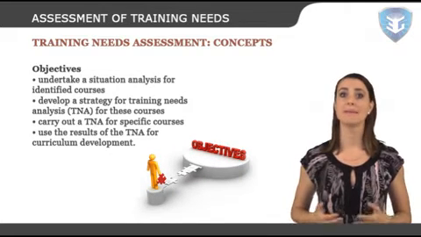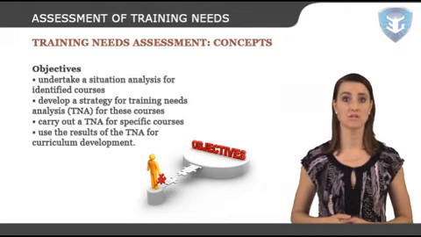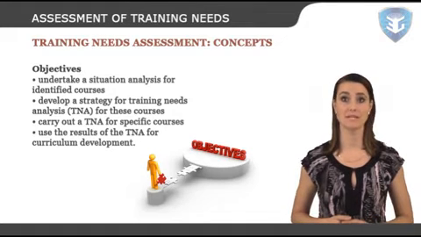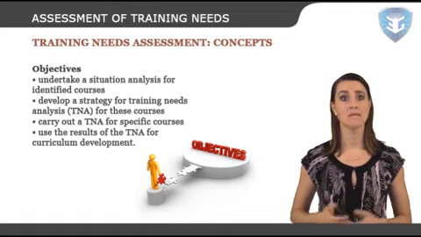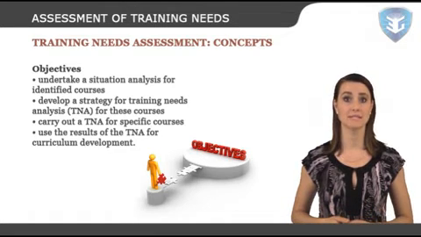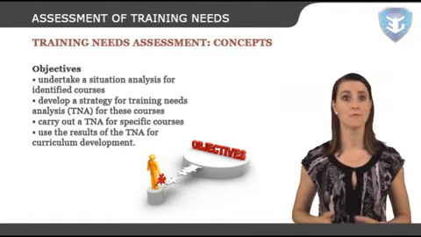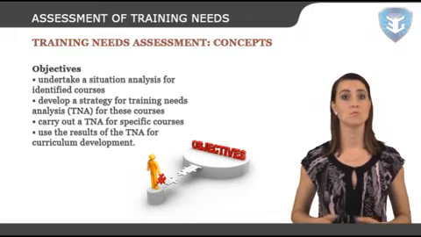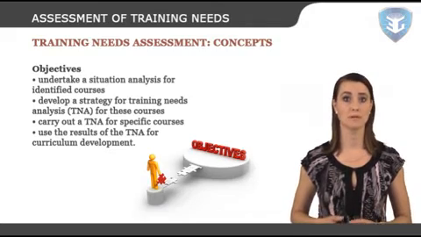Objectives. By the end of the initial training, participants will be able to undertake a situation analysis for identified courses, develop a strategy for training needs analysis, TNA, for these courses, carry out a TNA for specific courses, and use the results of the TNA for curriculum development.